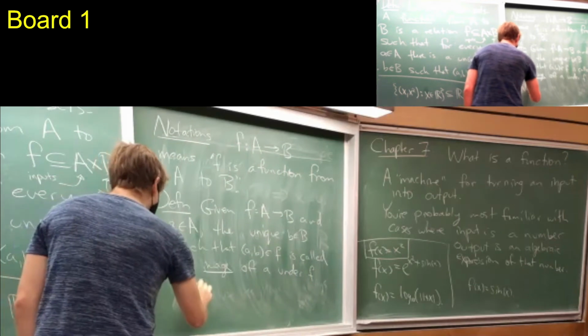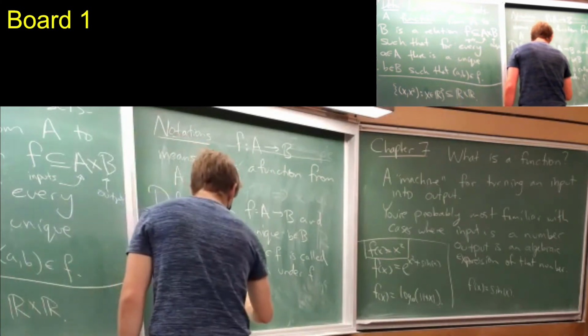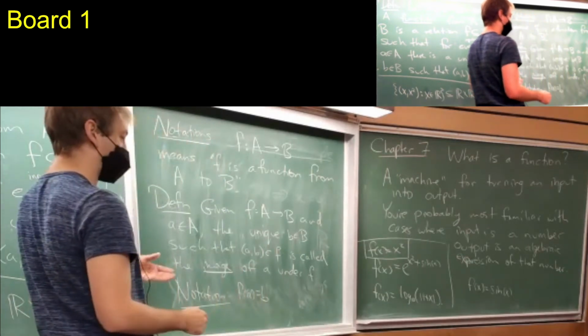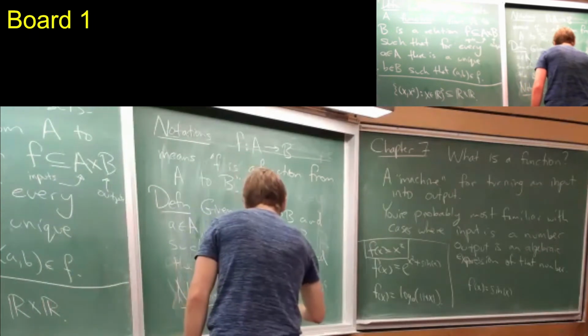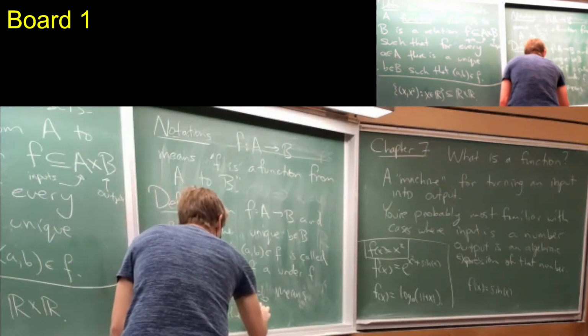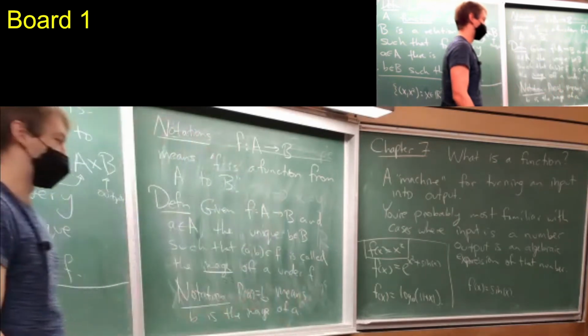And a bit more notation. If I write f of a equals b, that just means that b is the image of a under f.